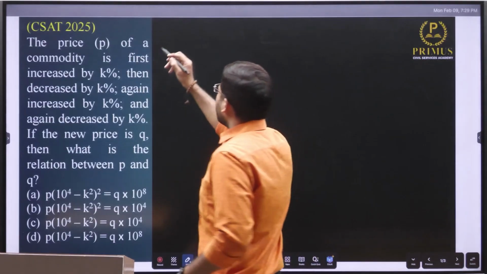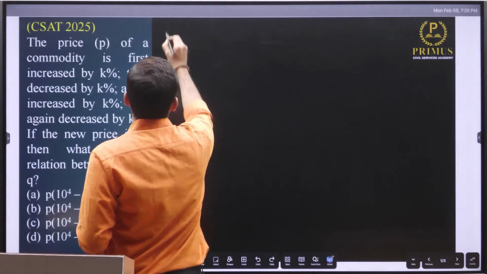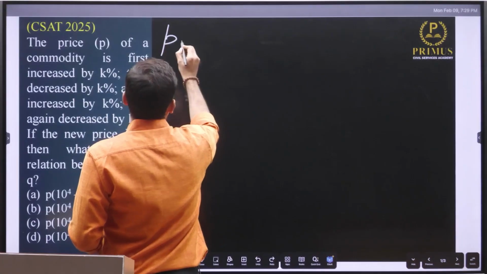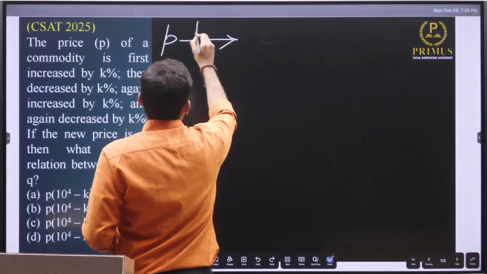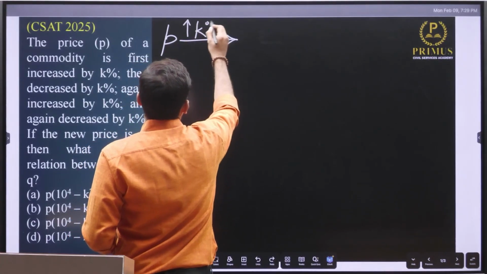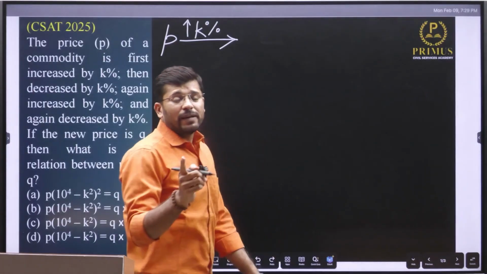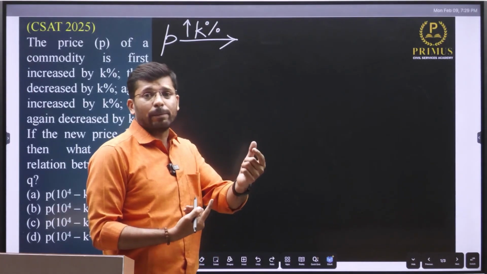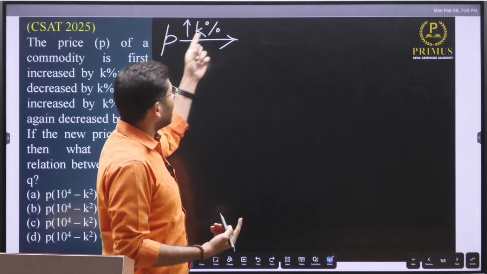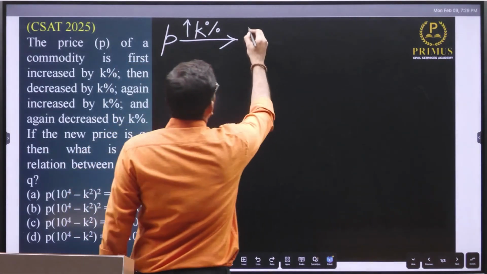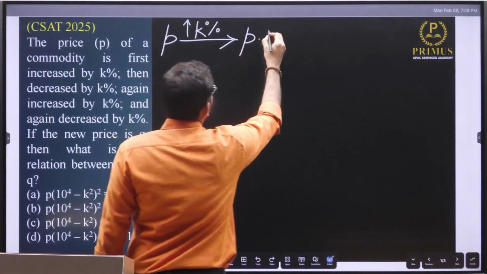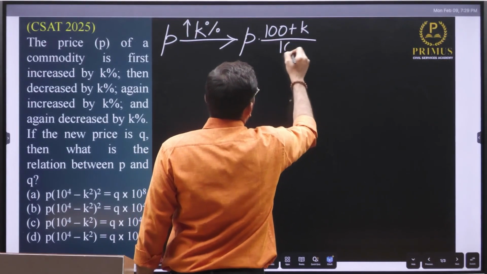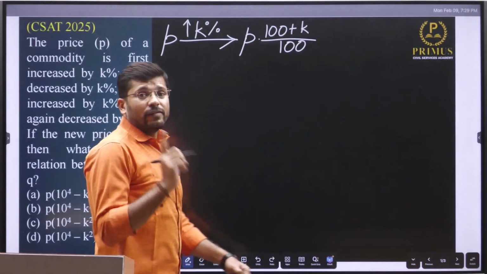So here we need to increase this price P by how much percentage? If we increase P by k%, see, in the previous problem, we would increase A by p%, but here we are increasing P by k%. So we will multiply P with (100 plus k) divided by 100. And we do not stop there.